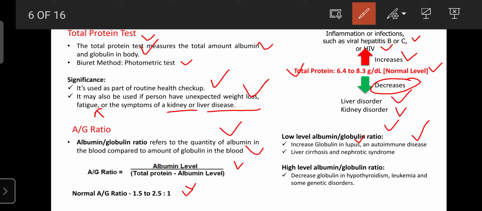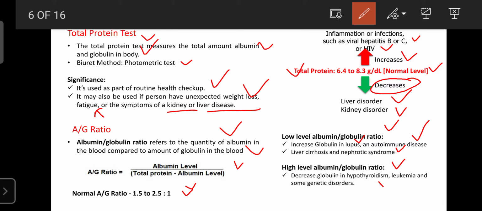So that can denote this. And also, in the case of liver cirrhosis and nephrotic syndrome, the A/G ratio decreases. And a high albumin globulin ratio is seen in the case of decreased globulin level, automatically the albumin level increases.